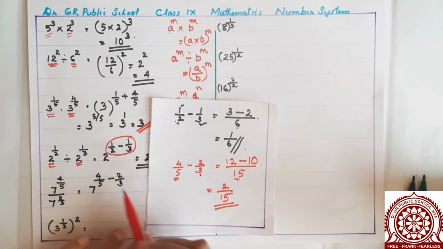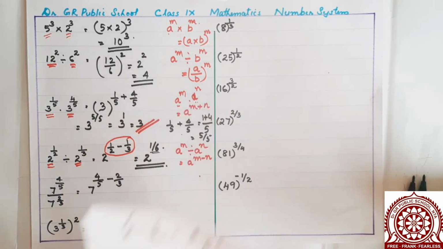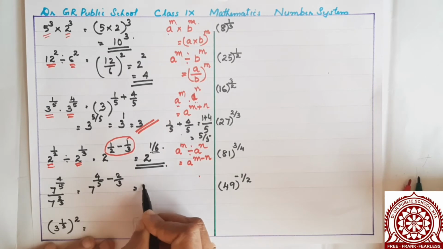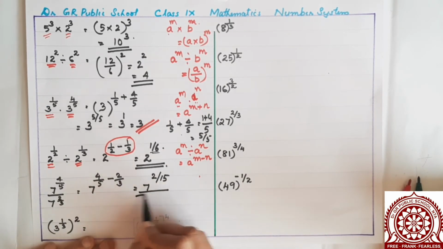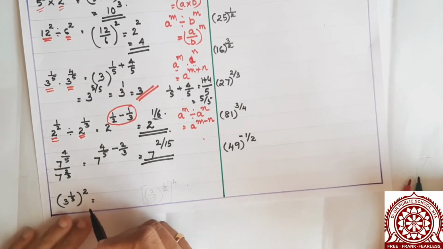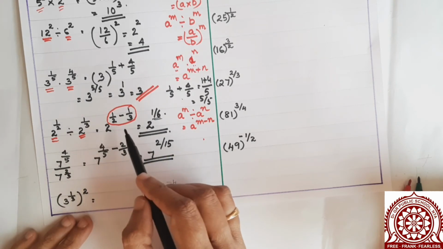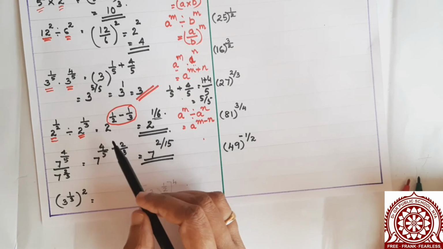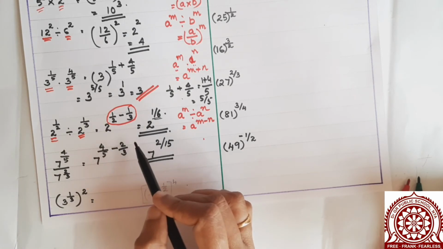So what is the simplification answer of these powers? 7 raised to 2 by 15. Only this much we can do. Now come to the next question. Did you understand this type of question, children? When you have rational numbers as powers, you have to simplify very carefully.